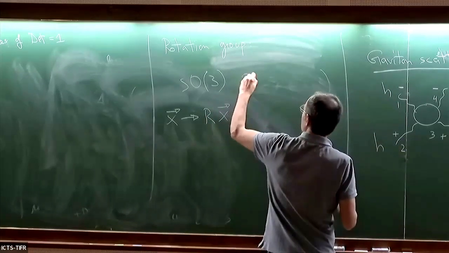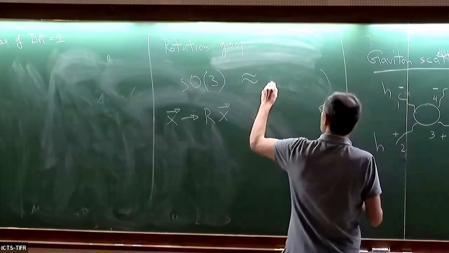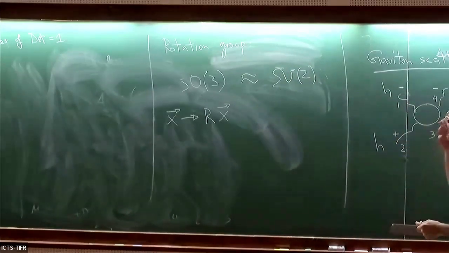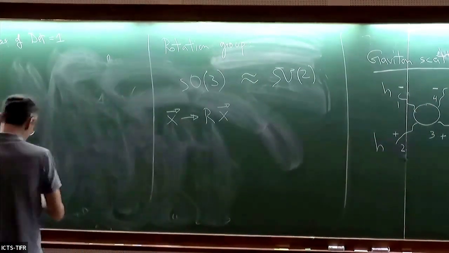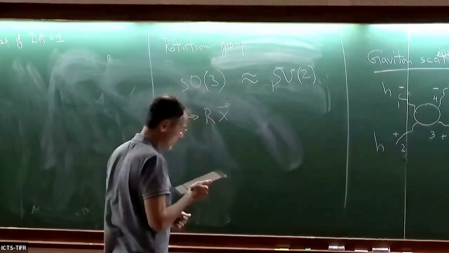Locally this is similar to SU(2), as you learn in quantum mechanics. These groups are locally equivalent; globally there are details that you probably already learned in quantum mechanics, but I'm not interested in that now.